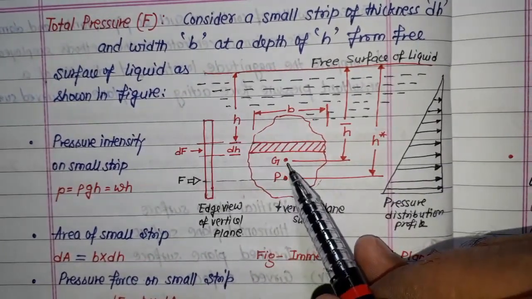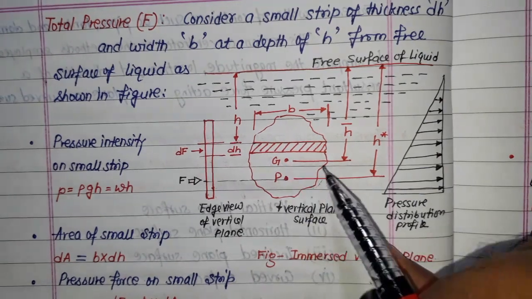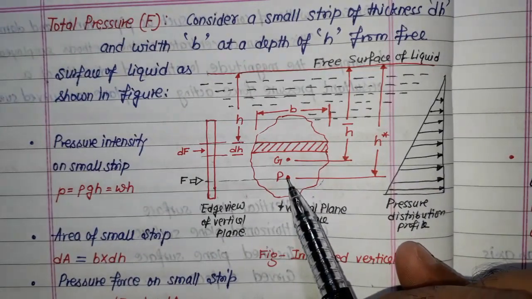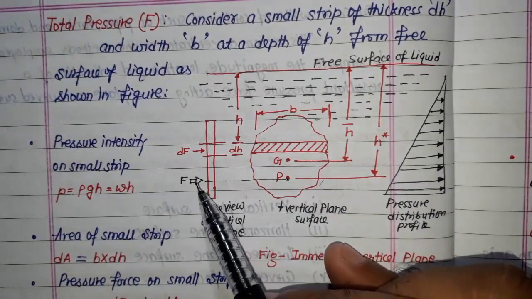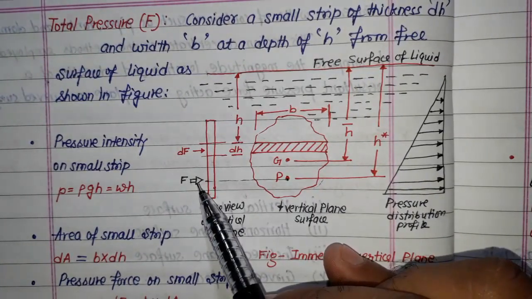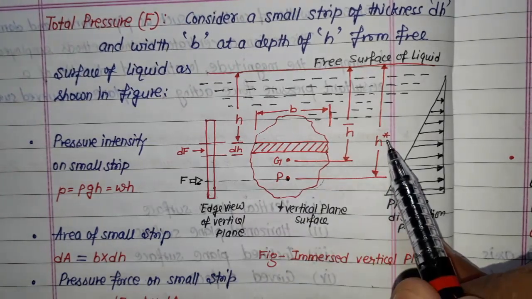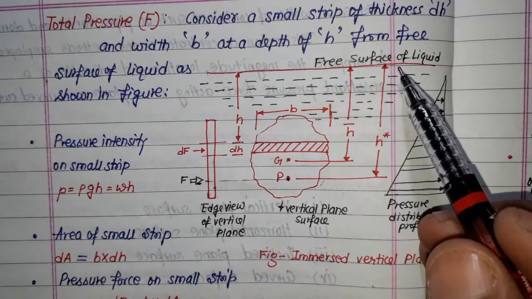G is the center of gravity, at a distance of h bar from the free surface of liquid. P is the center of pressure, the point at which the total pressure force acts, at a distance of h star from the free surface of liquid.